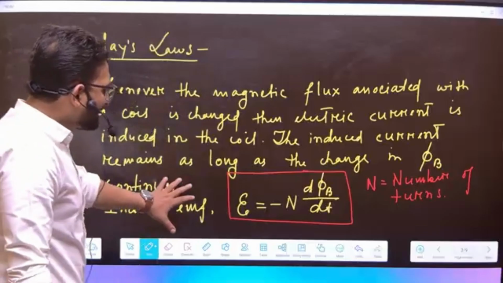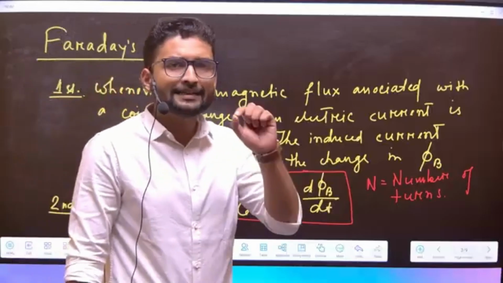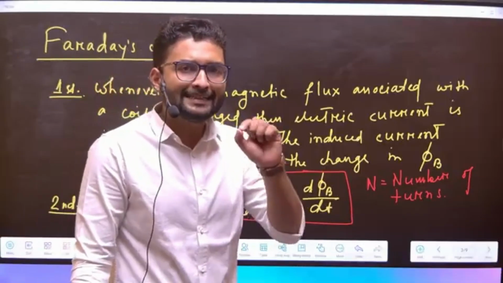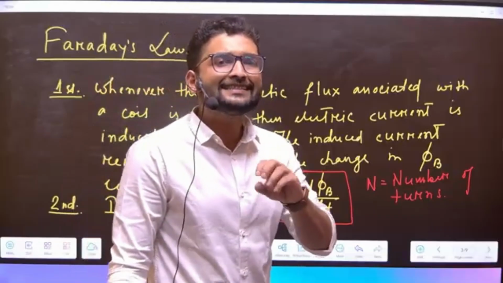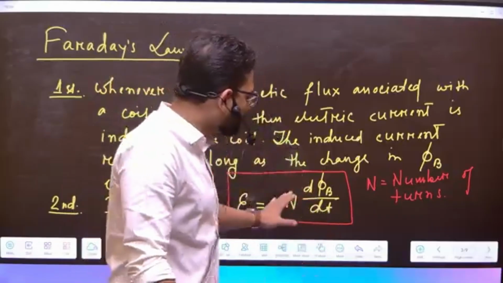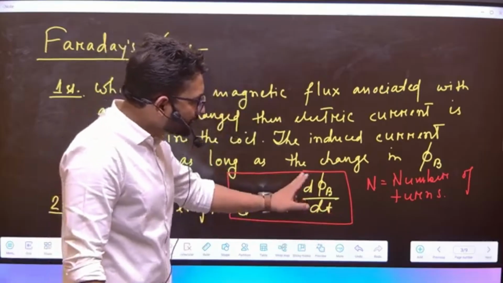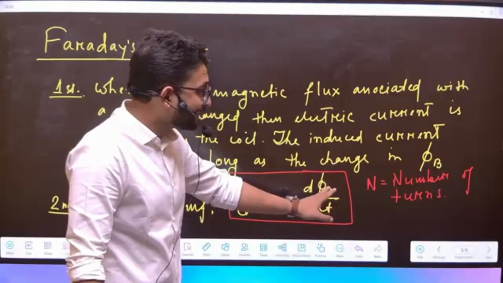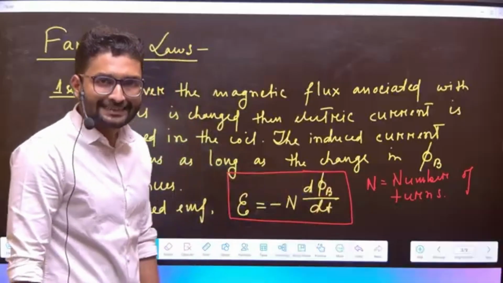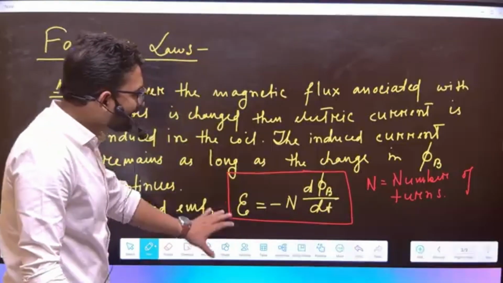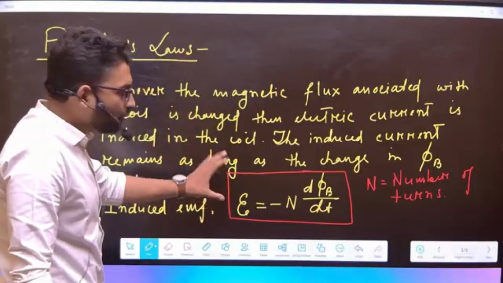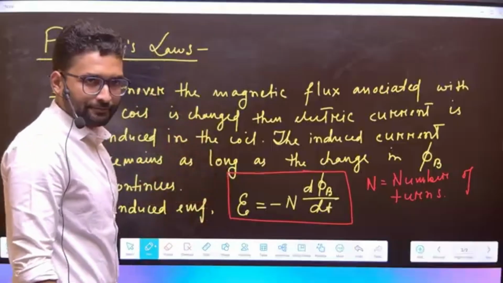Now in this statement, there is this word called the rate of change of magnetic flux. Whenever rate is involved, you will know for sure that the quantity is divided by time. So we read it as the differentiation of phi B or magnetic flux with respect to time. So this is basically the formula for induced EMF.